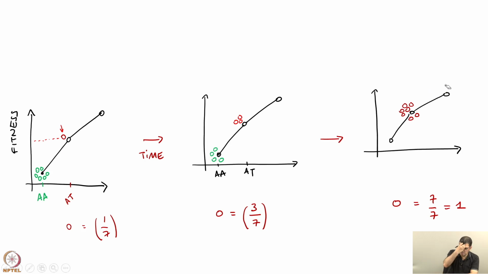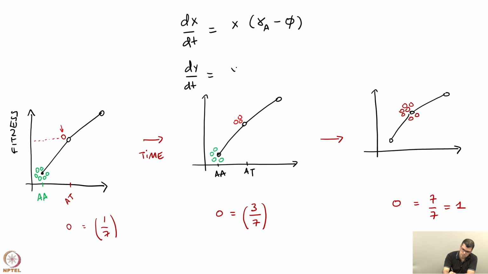This model of evolution was also represented by the mathematical equations that we wrote, where we wrote that dx by dt was equal to x into r of a minus phi, and dy by dt was y into r of b minus phi.